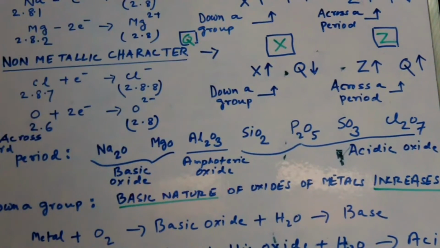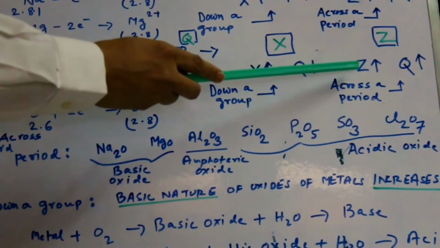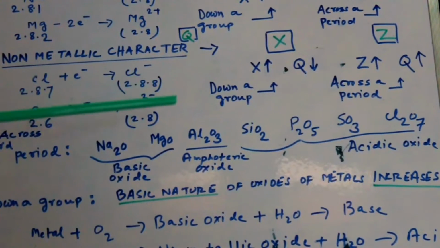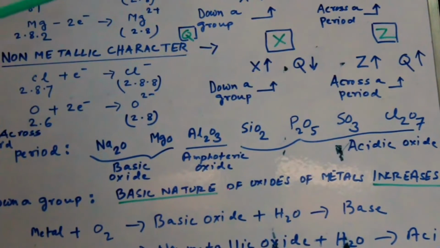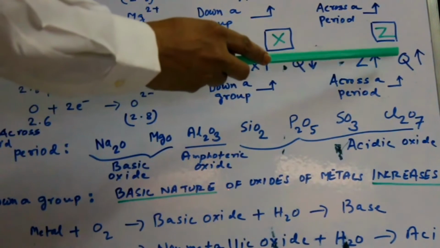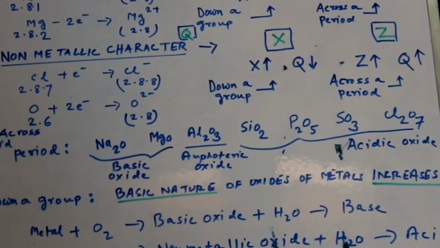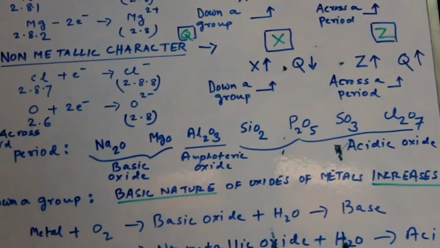So this happens down a group. And if Z increases, Z means nuclear charge, that means the number of protons within the nucleus, the non-metallic character increases. So this happens across the period.